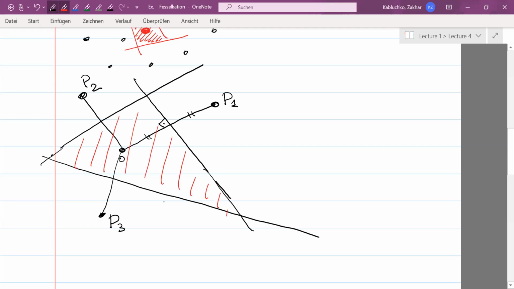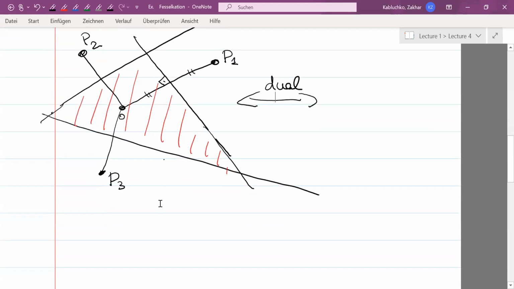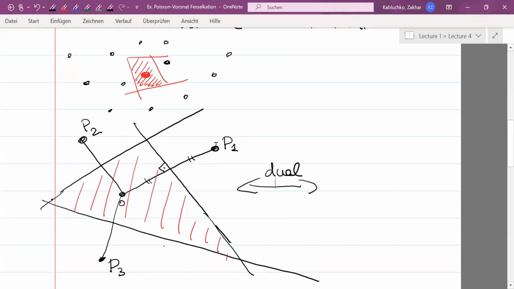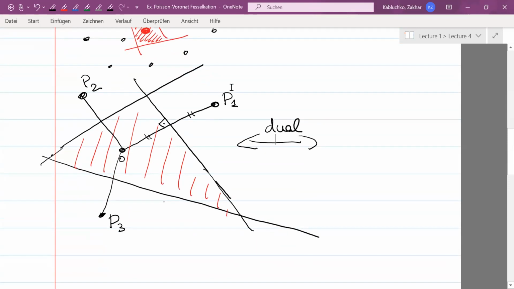Now, what is the dual to this? The dual is obtained by inverting all these points, P1, P2, and so on, with respect to the unit sphere and taking the convex hull. So I have to invert each point P1 to P1 over its squared norm, the inverse with respect to the unit sphere, and take the convex hull.